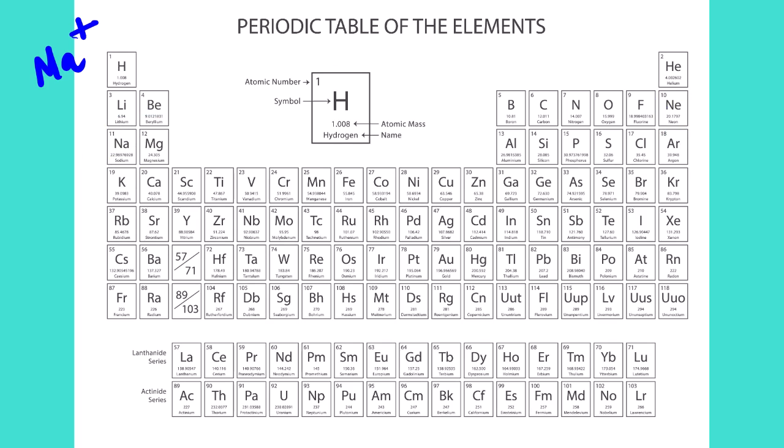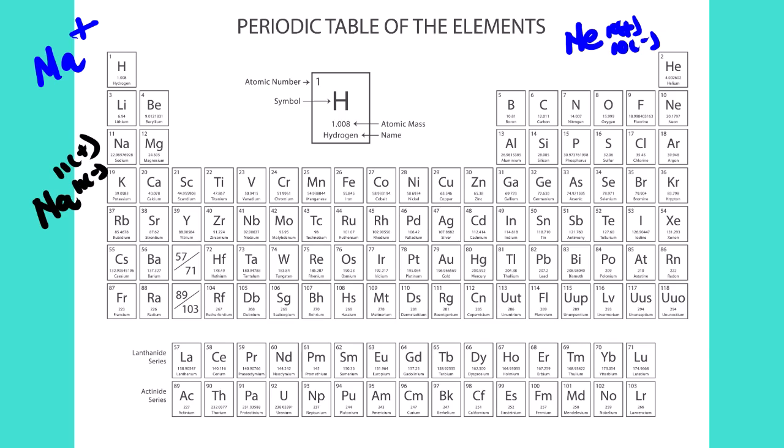So after removing 1 electron, it takes us back to element number 10. As you can see, neon, it's element number 10. It has 10 protons, 10 electrons. Sodium ion, actually the original sodium, the neutral one, it has 11 protons, 11 electrons.